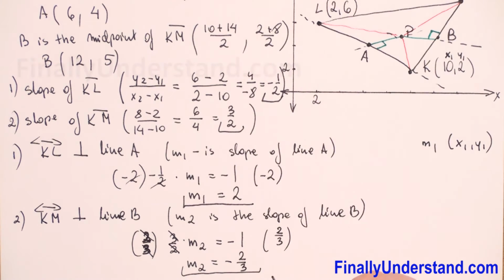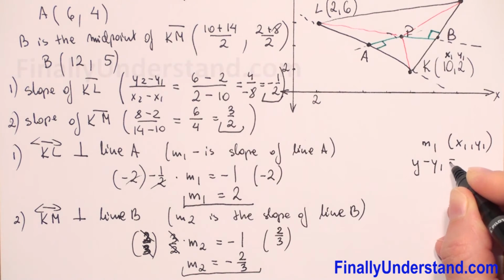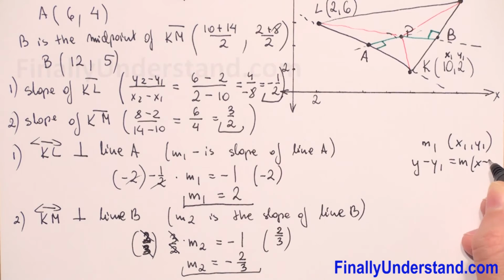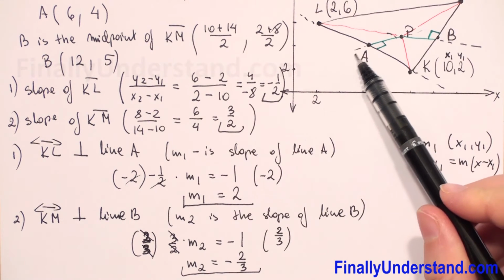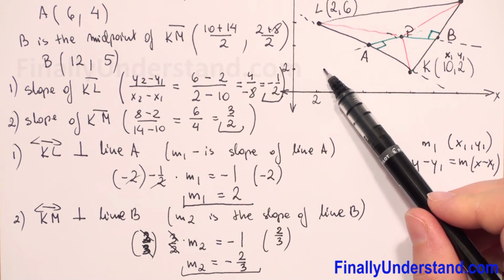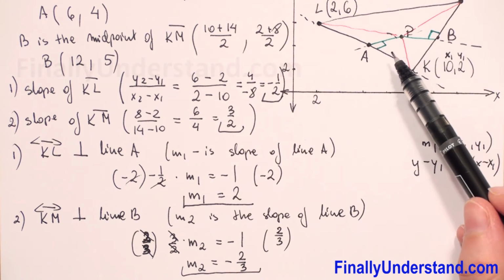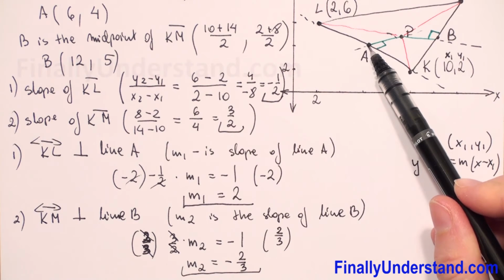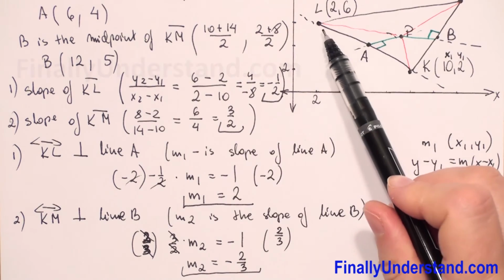The formula for a line which passes through a point with coordinates x1, y1 is y minus y1 is equal to m times x minus x1. So when we have one point and the slope of a line, we can find the formula of our line which will pass through this point, and which is perpendicular to line KL.